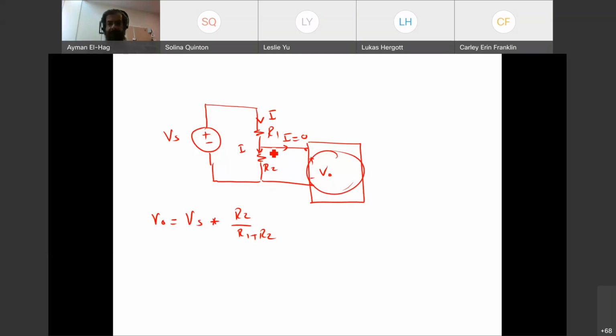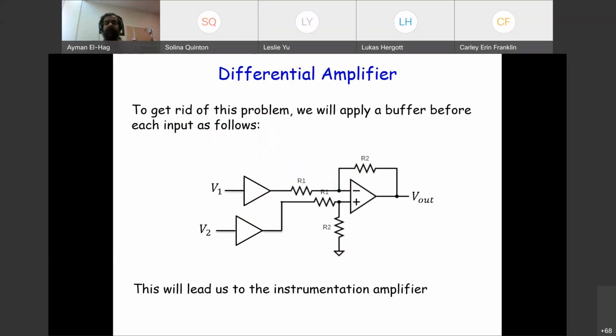Okay, so that's all. This is why we need to move from the differential amplifier to another amplifier. We call it the instrumentation amplifier. So all we need, this is nothing but my differential amplifier.